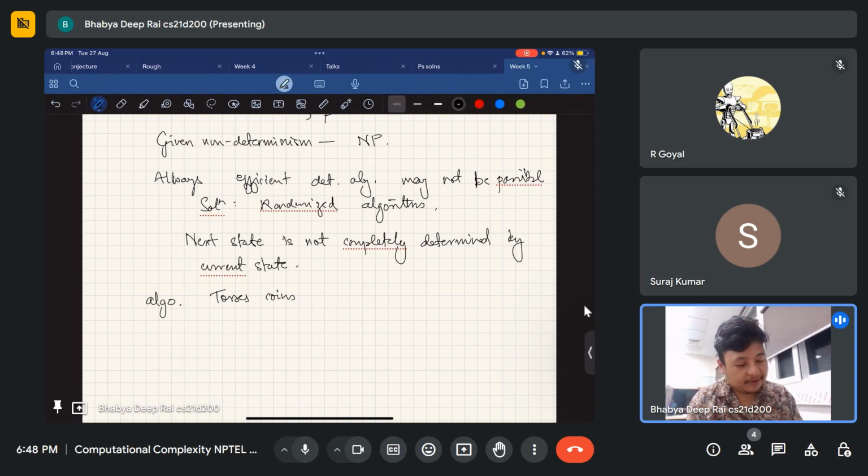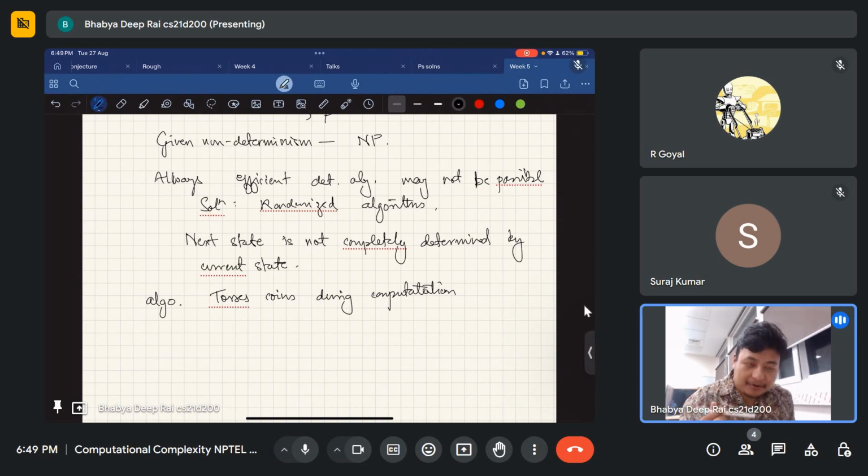The algorithm tosses coins during computation, and it may be heads or tails, which is 0, 1. Depending on whether it lands on heads or tails, I'll make my next move. Then the next step should be this, or the next step should be that, and so on.